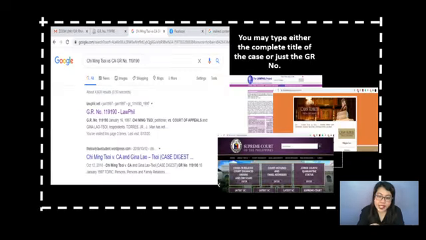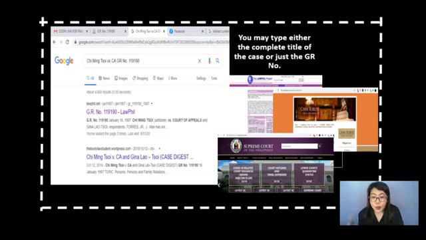Now that you already have a list of cases that you must read, what you do next is you search for it on the internet. My personal suggestion would be to type both the title of the case and the GR number or the AM number in order to ensure that you get the correct case. Or if you find it time consuming or you are in a hurry, you can simply search for the case by typing the GR number.